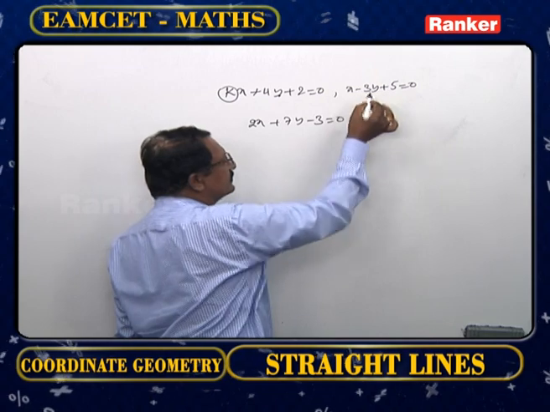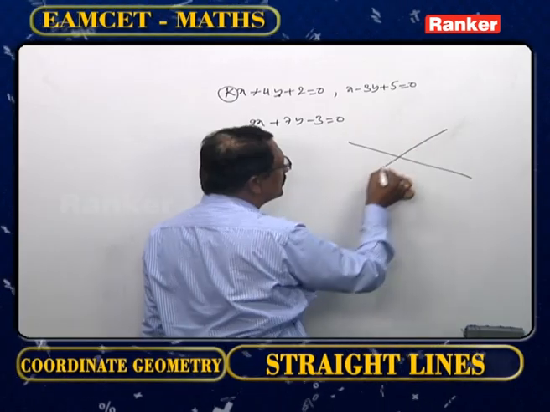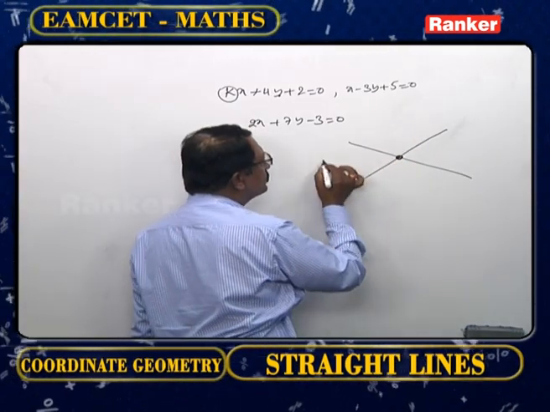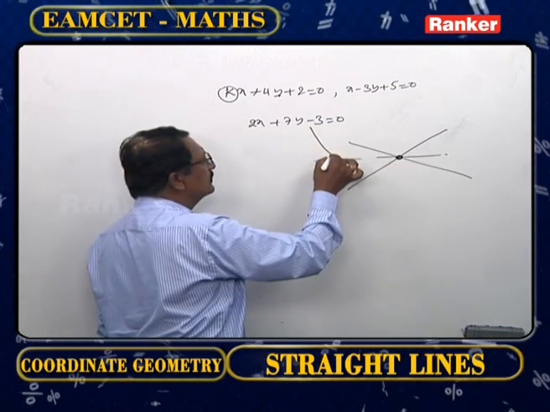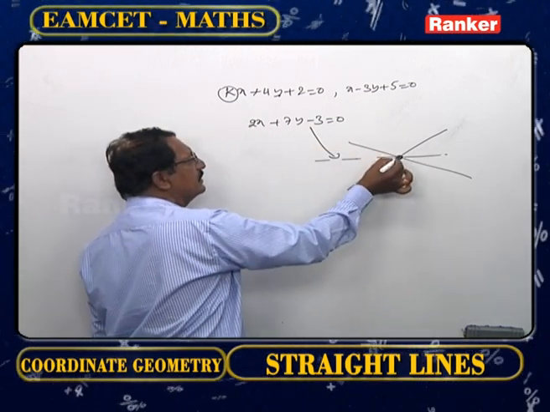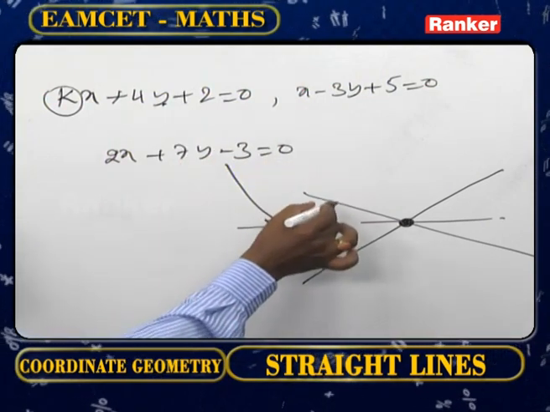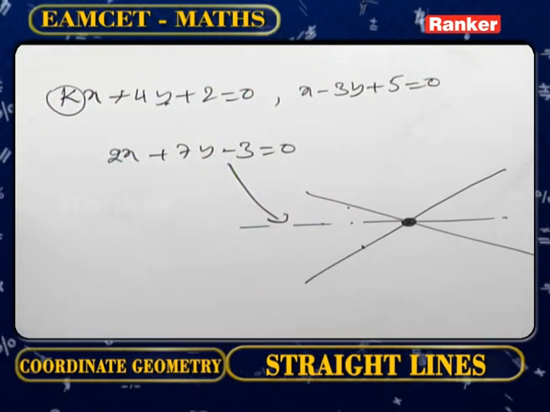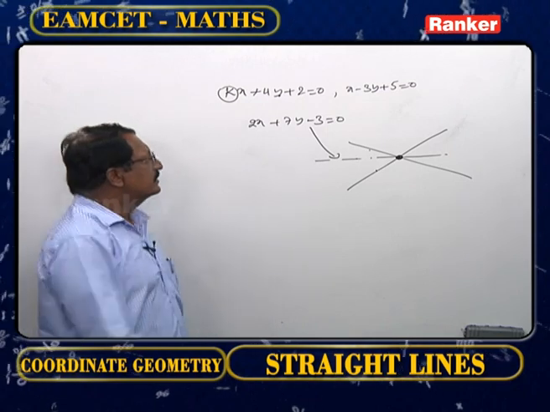Now the point of intersection of the first two lines lies on the third line, then the three lines are concurrent.